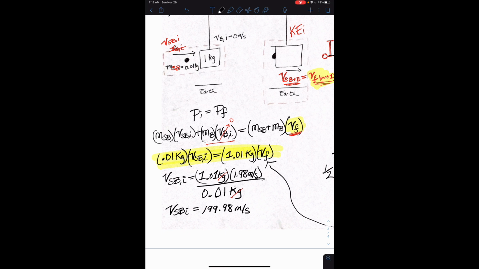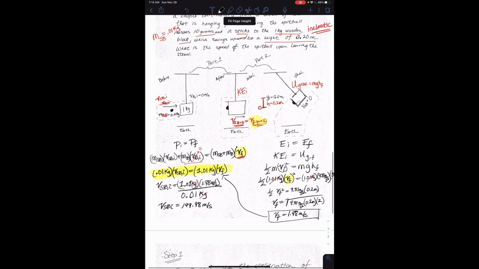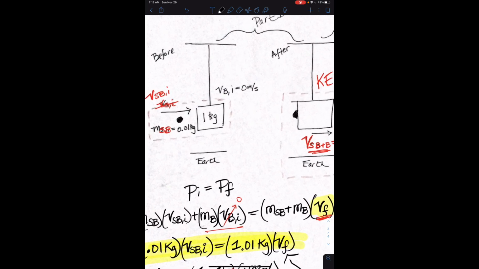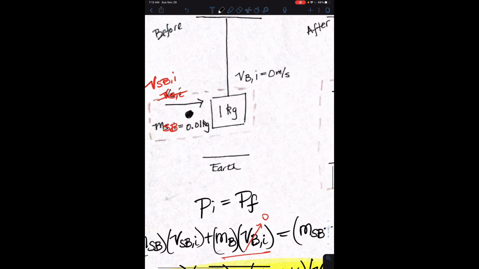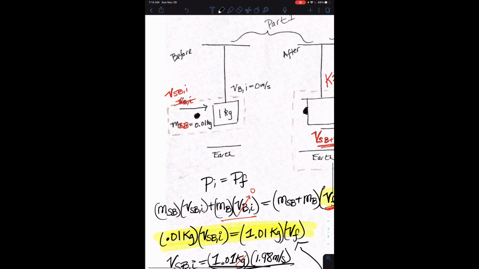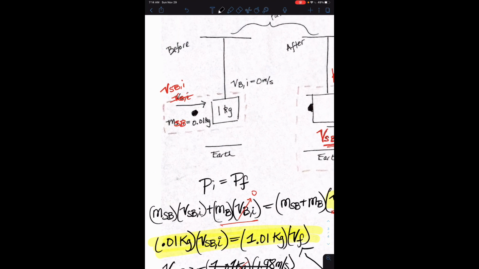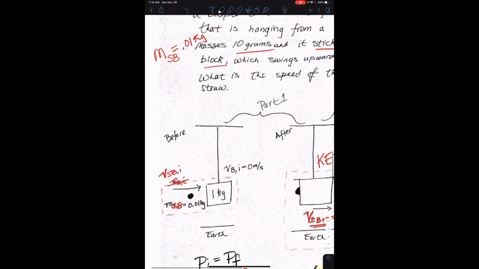And I forget why it's so crazy. I don't know if the book had an explanation for that, but it's obviously unrealistic. I think the idea is, 1 kilogram, that's a 2.2 pound block, right? And you've got a spitball which has a mass of 10 grams.